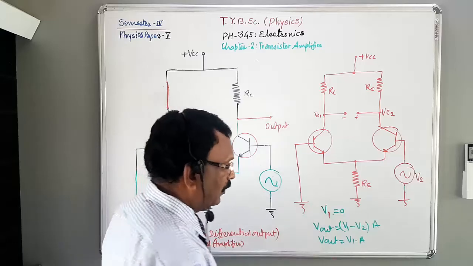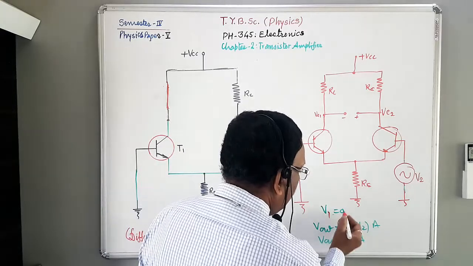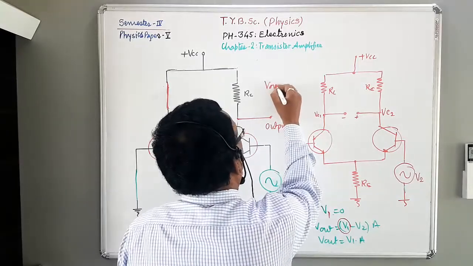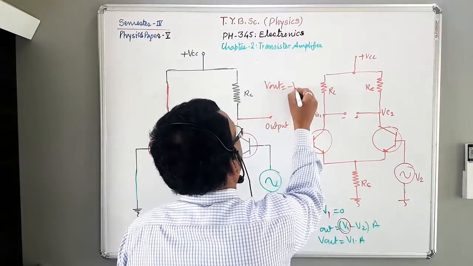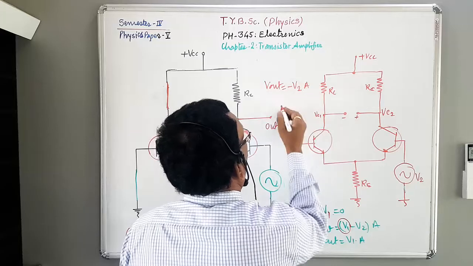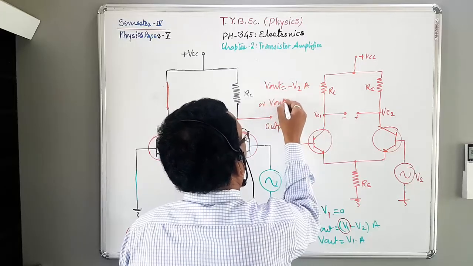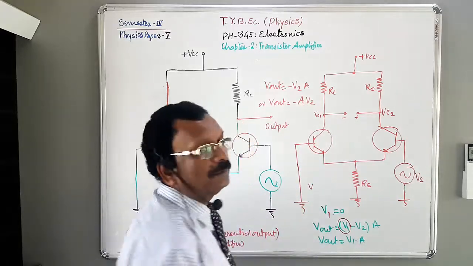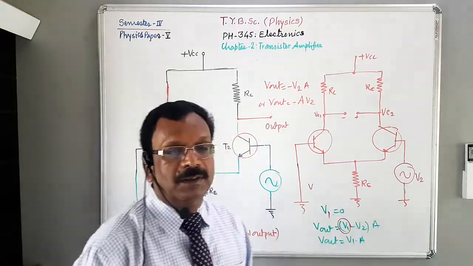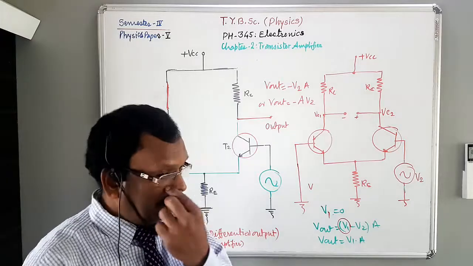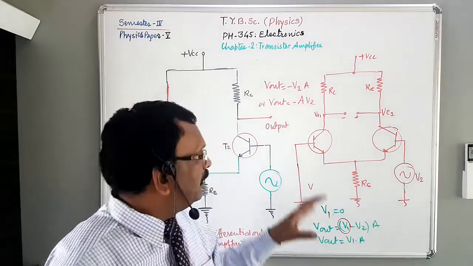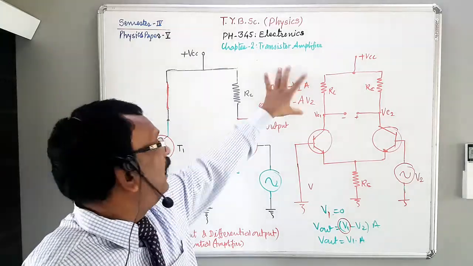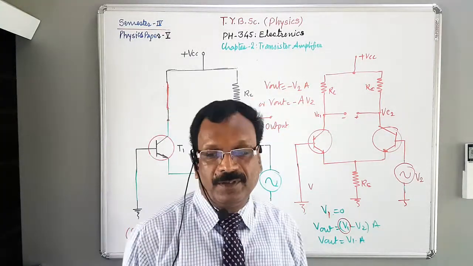And when V1 is equal to 0, then from this equation, Vout is equal to minus A V2. Okay. This is the output which is valid for both of these figures.